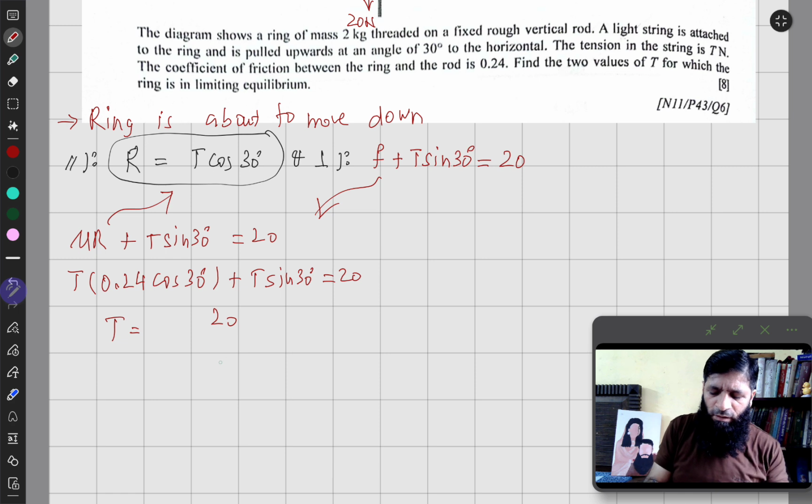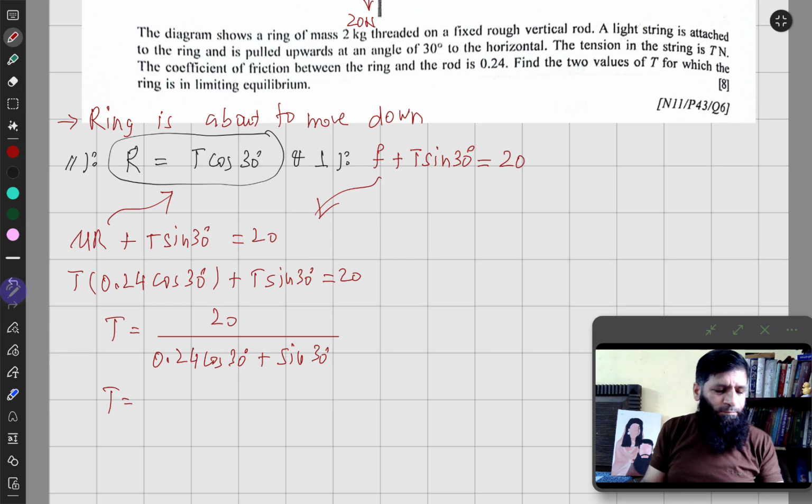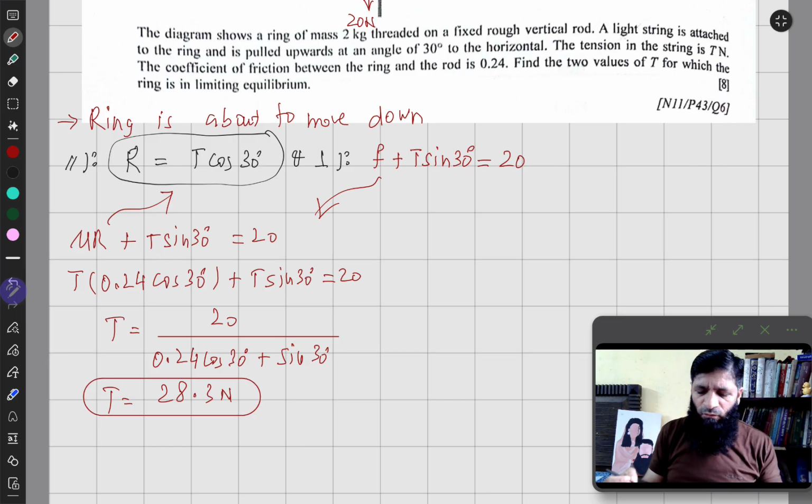So for T you will have this expression: 20 divided by 0.24 cos 30 plus sin 30. If you solve this using a calculator, T will become 28.3 newtons. This is the second possible value for T. Let's move to the next question.